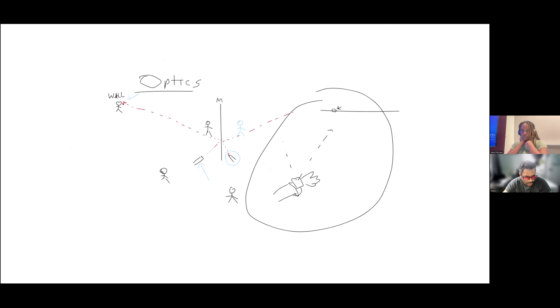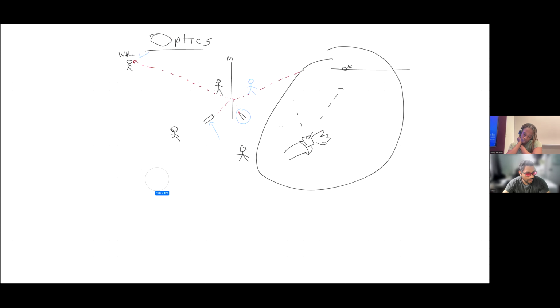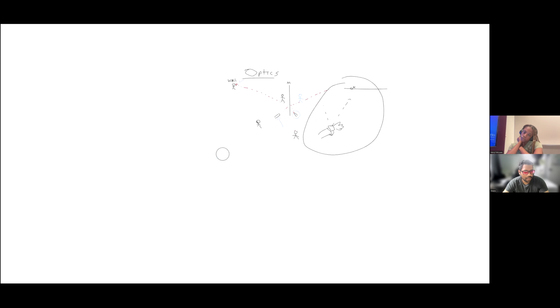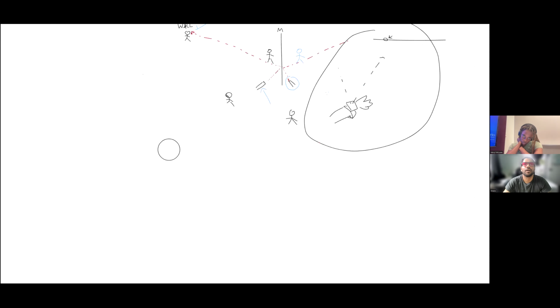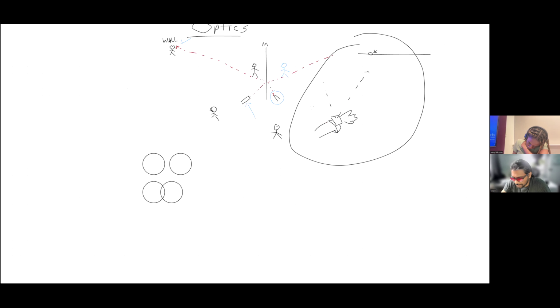The mirrors and lenses that we talk about are called spherical lenses or mirrors.